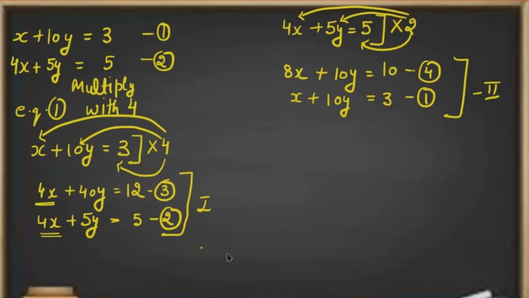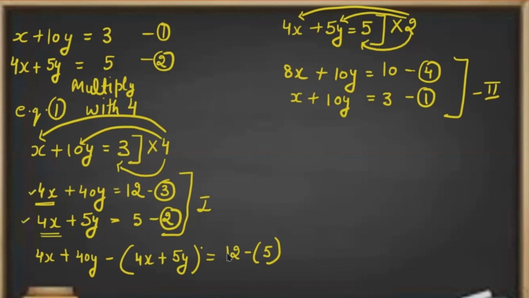I have to subtract the equations. So we'll subtract 4x plus 40y minus bracket 4x plus 5y is equal to 12 minus bracket 5. You have to take care when you are subtracting: subtract the left hand side from the left hand side and the right hand side from the right hand side.